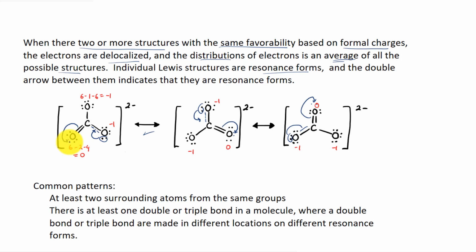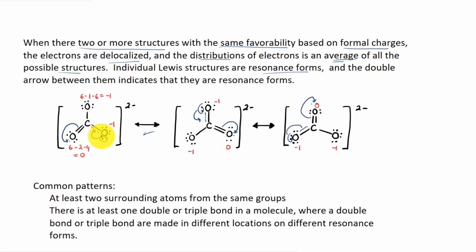Now here's another one. At least one of the bonds is a double bond or a triple bond, because again, with a double bond or triple bond, you're allowed to move them to a different location and form the double bond or triple bond somewhere else. These two common patterns are probably the most challenging aspect to understand when it comes to resonance.